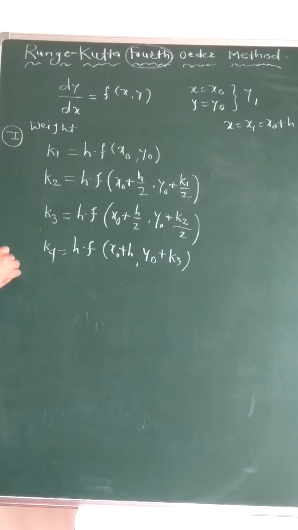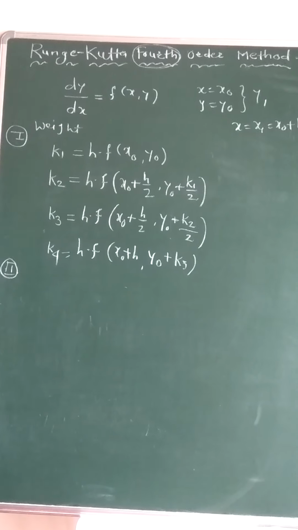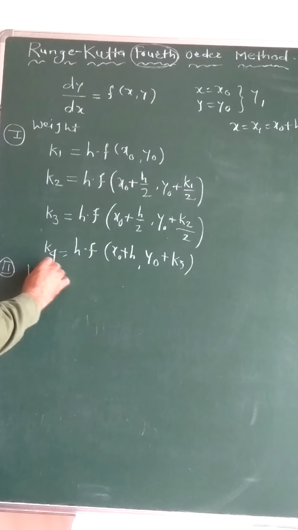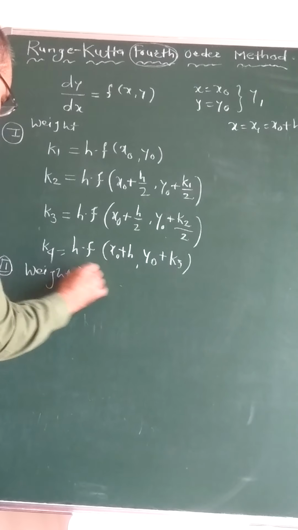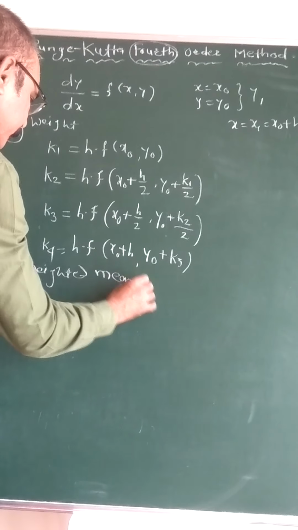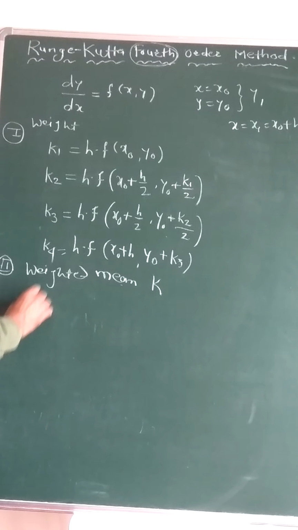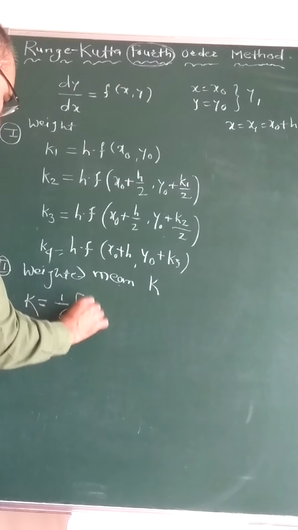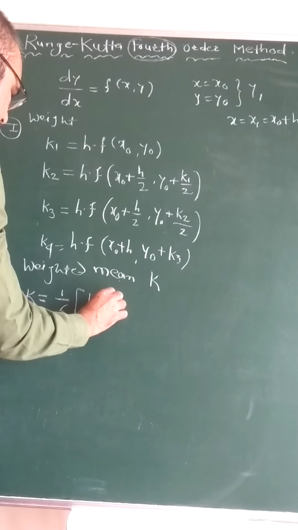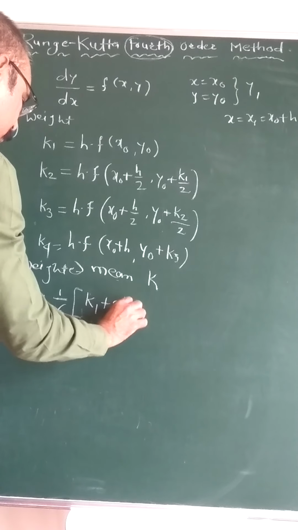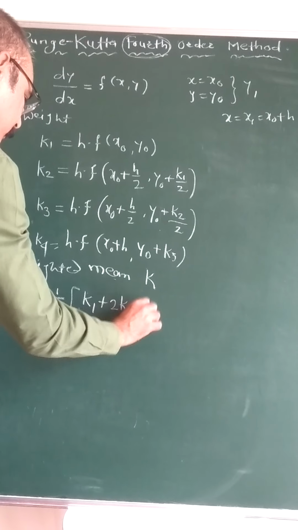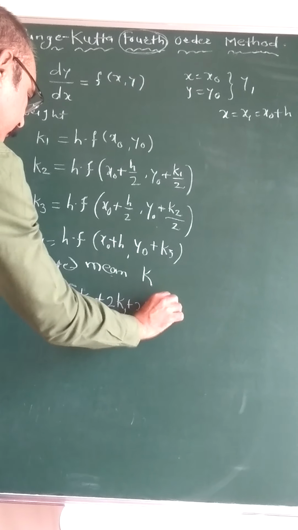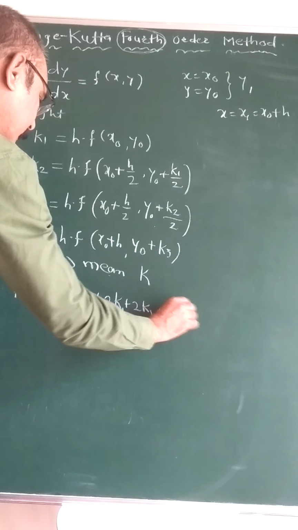Now first step is to find these four weights, that is k1, k2, k3 and k4. The second step is to find the weighted mean. Weighted mean is denoted by k, and the formula for k is equal to 1 by 6 times k1 plus 2k2 plus 2k3 plus k4.